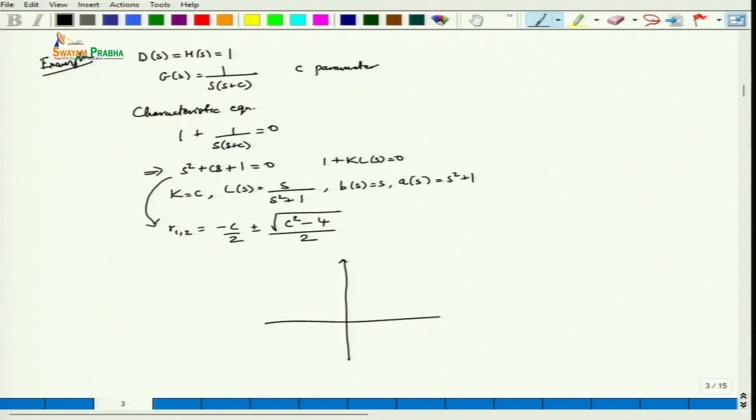So, for example, say this is our S plane, and for L of S we have the two poles here and one zero here. So, for C equal to 0, you will find that the roots are plus or minus j, which are basically the pole locations.